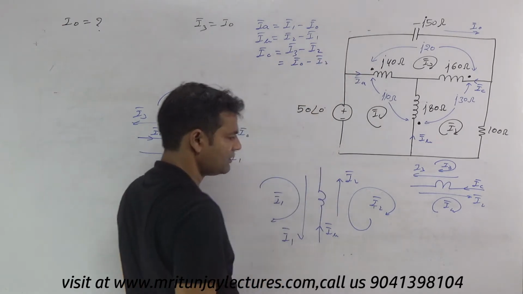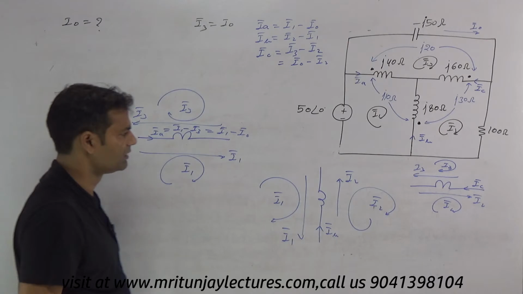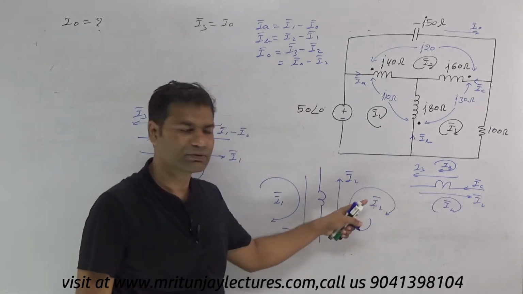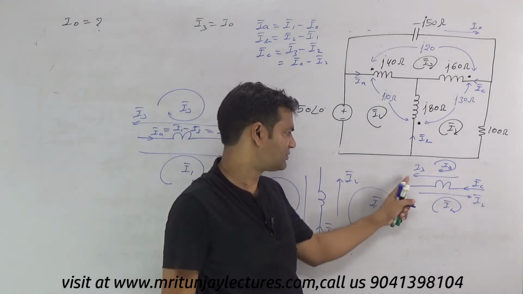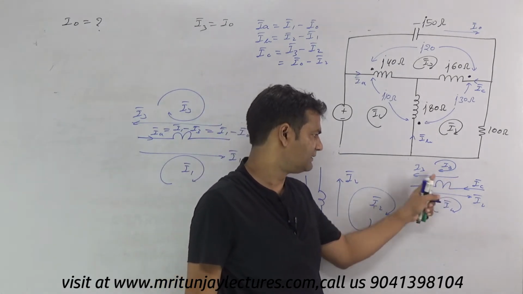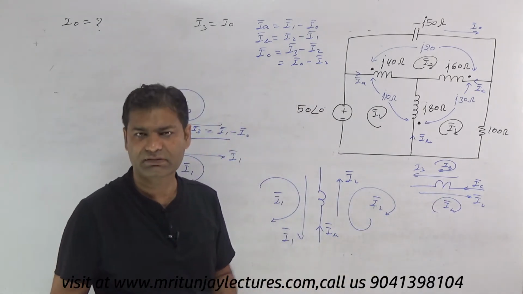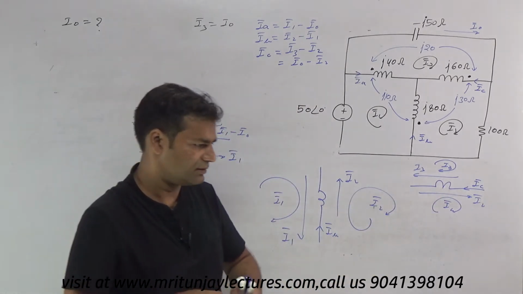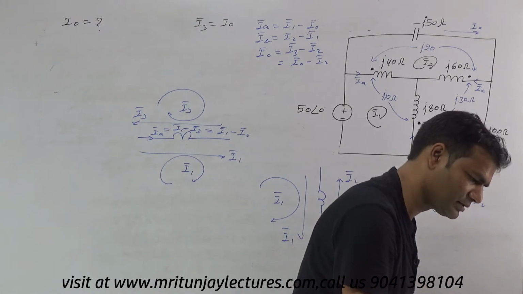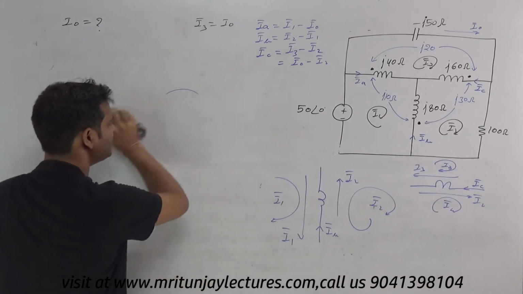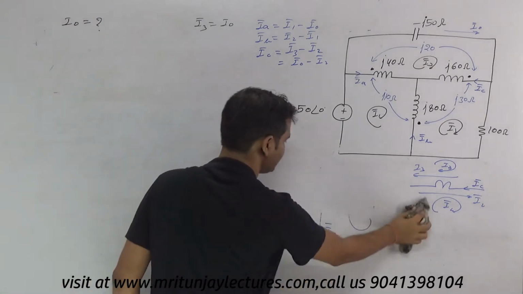Clear? Silly mistake here. I3 minus I2, direction of IC like this. I3 is also the same. So IC is written I3 minus I2. I2 direction is opposite to the I3, that's why negative. Okay, so it is clear what is the relation between branch current and loop current.